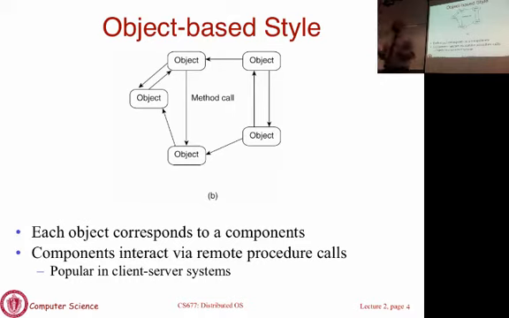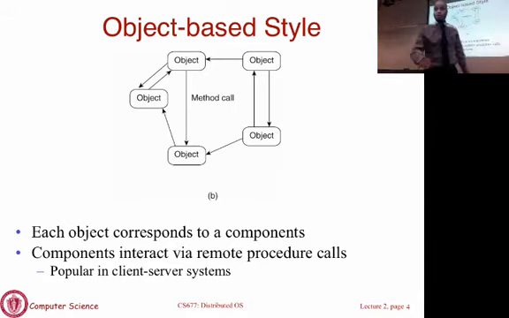So if you have done any object-oriented programming, Java or any of those object-oriented languages, you will realize this is the way you also write a centralized application. You have classes and objects. Okay? The only difference in the distributed world is these objects actually live on different machines. They are not part of the same process or the same machine. Okay? This object could be on one machine and that object could be on another machine and so on.